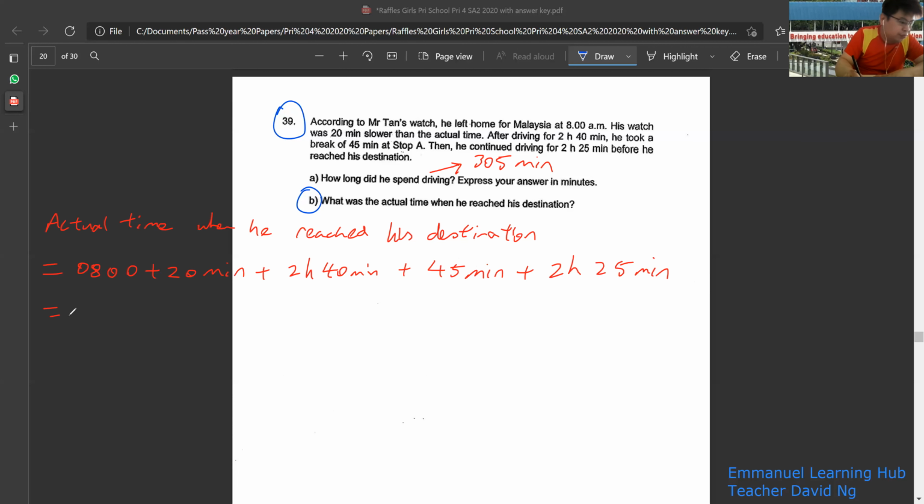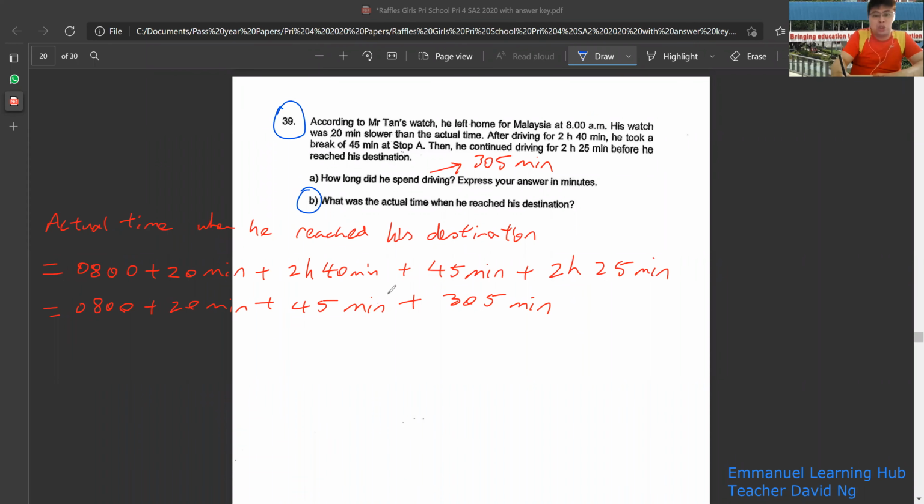8 o'clock plus 20 minutes, plus 45 minutes break, plus 305 minutes driving. Do you understand how I get 305 minutes?